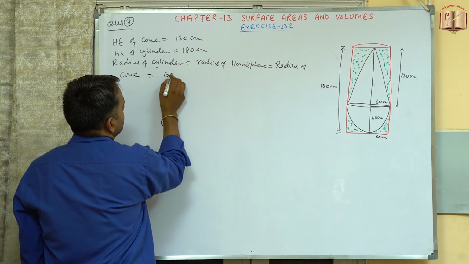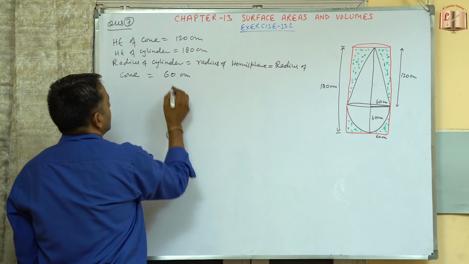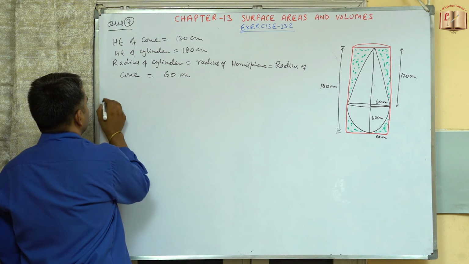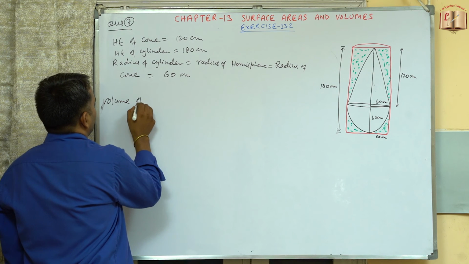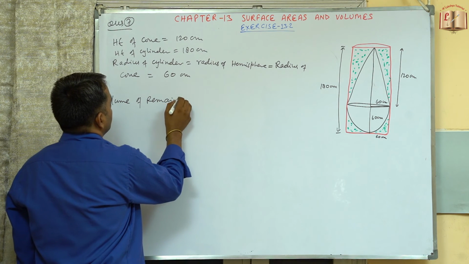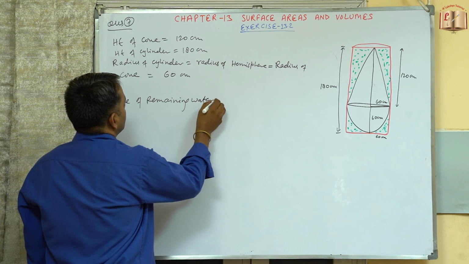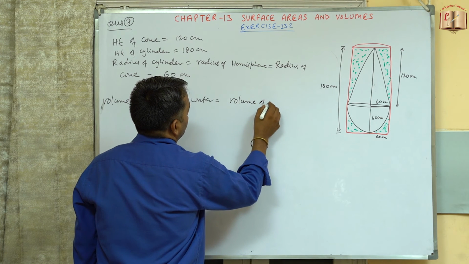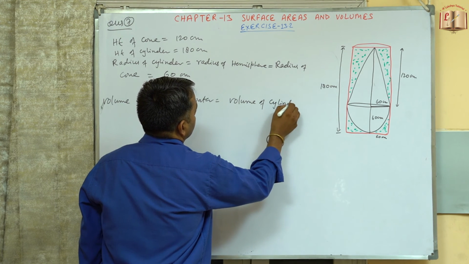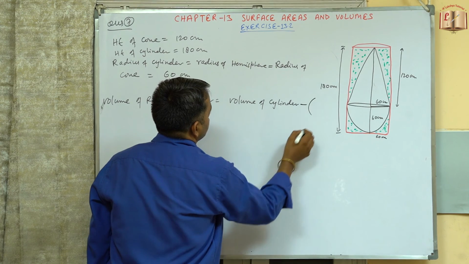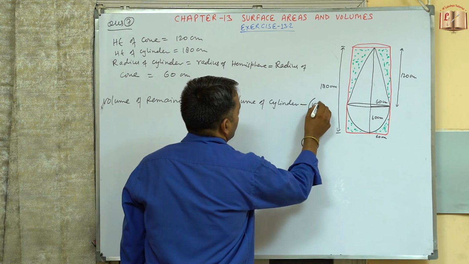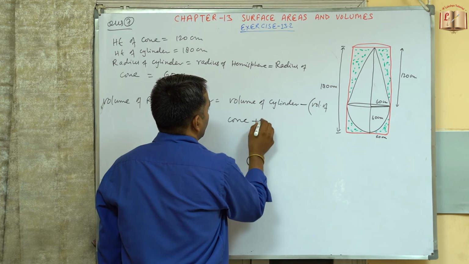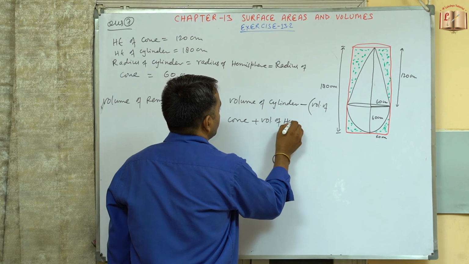This is equals to 60 centimeters. So all the radii are equal. Now we need to find out the volume of remaining portion. So volume of remaining water will be equals to volume of cylinder minus volume of cone plus volume of hemisphere.